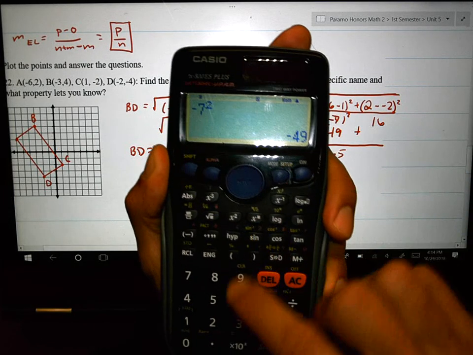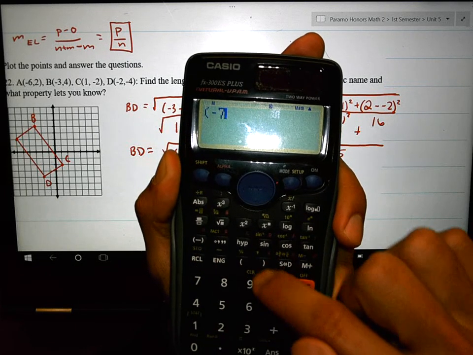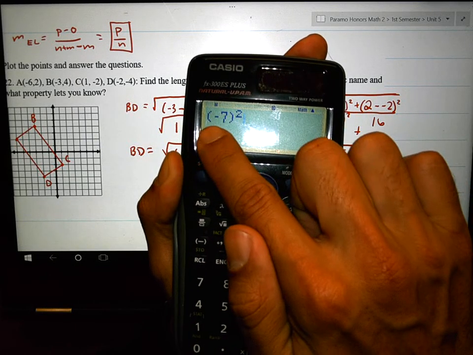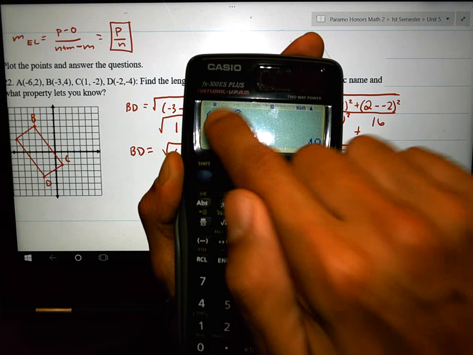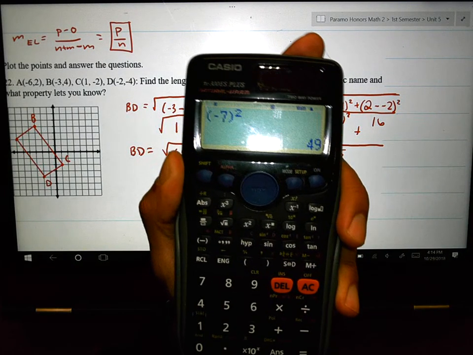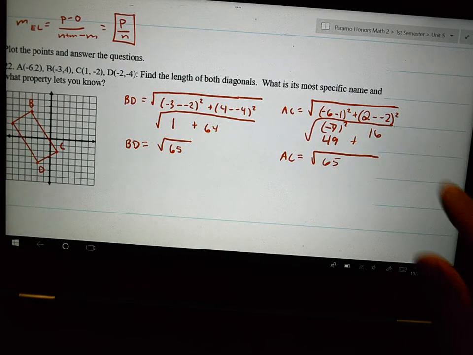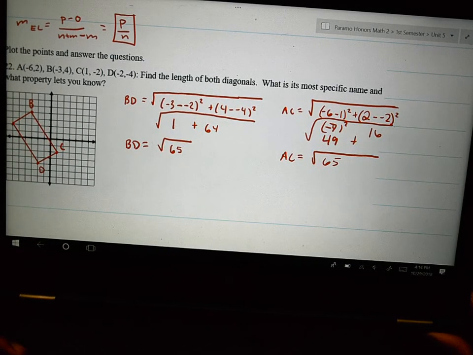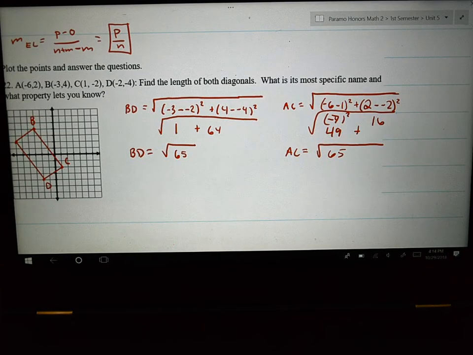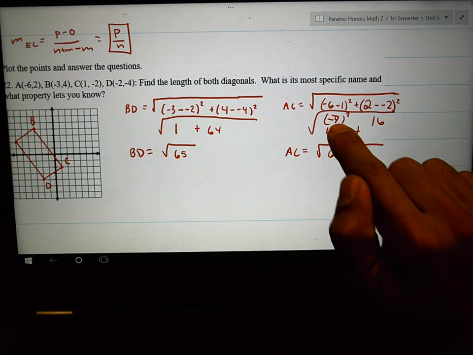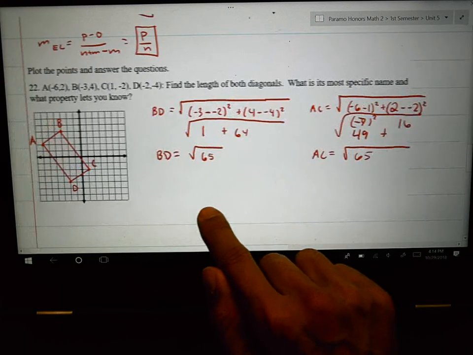But if you do this with parentheses, and you have the -7 inside of parentheses squared, it knows now that you're doing a -7 times a -7, which makes the positive 49. When we use this distance formula, don't forget that that is inside parentheses. That's why the formula has those parentheses there.